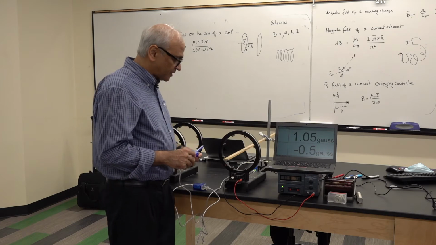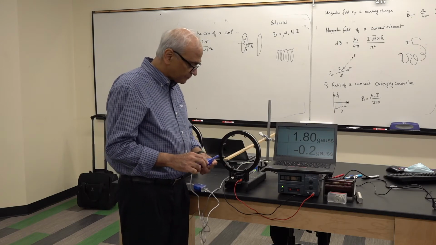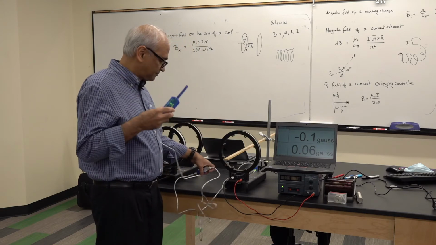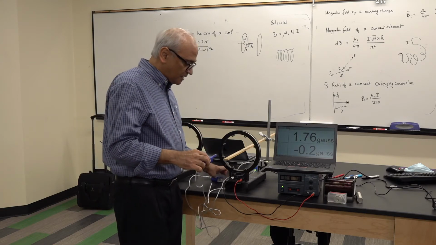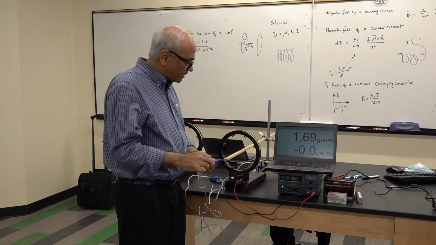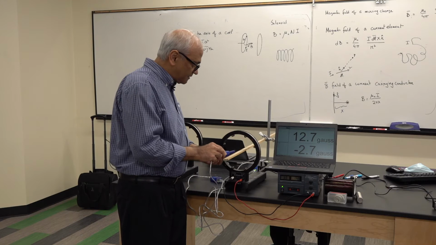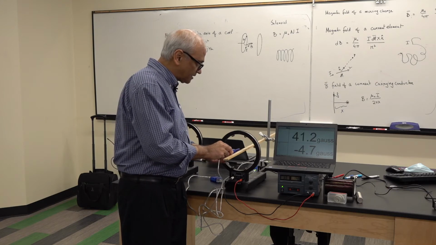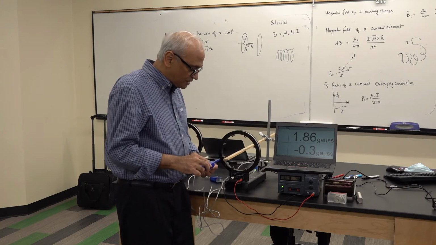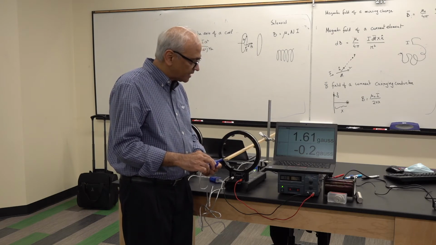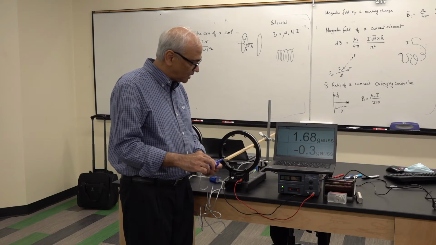Let me first see if I'm getting it correctly. Okay, that's good. All right. So at 30 centimeter, let's call it 1.75 Gauss.